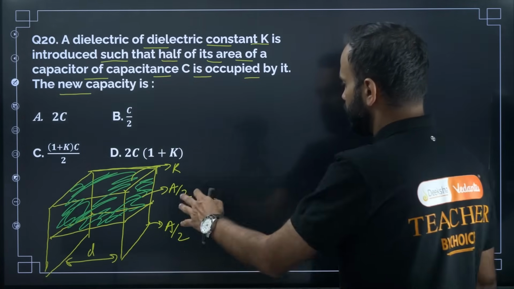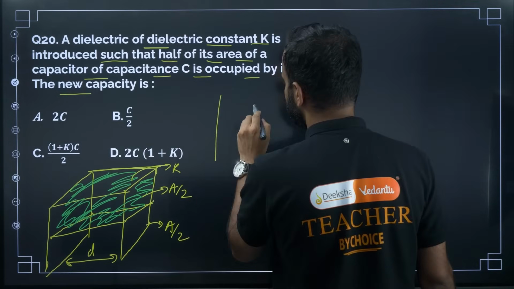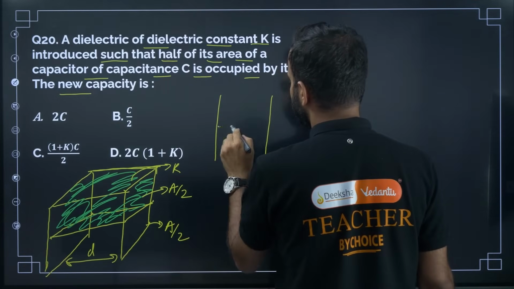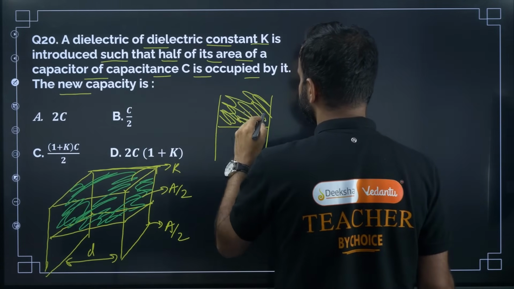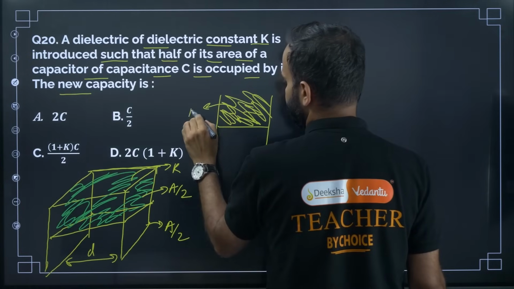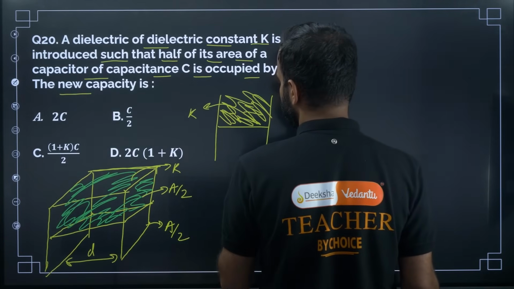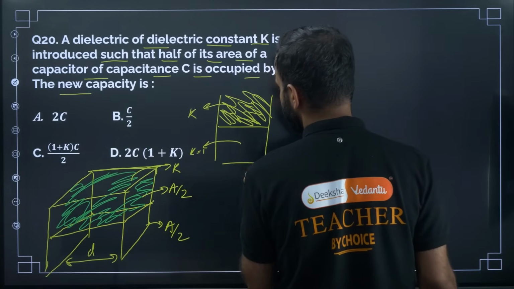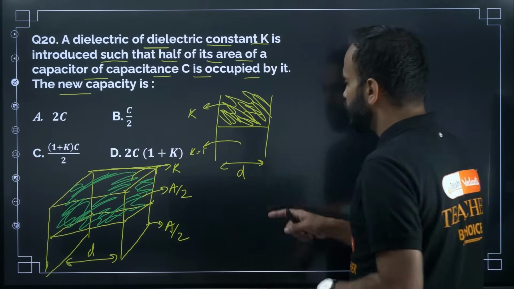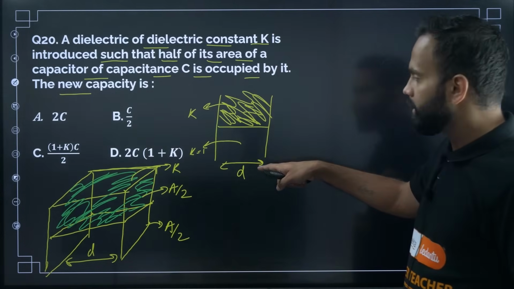So now if I draw in 2D, this is how it looks, right? So this is K, isn't it? So here K equal to 1. This is D. So now these two are in parallel, right? These two are in parallel.